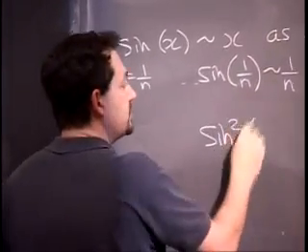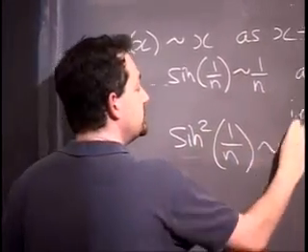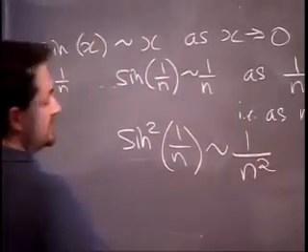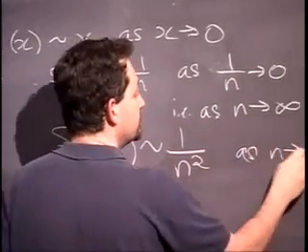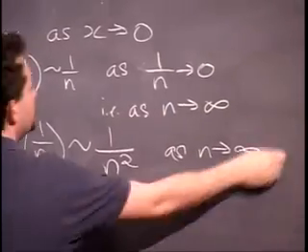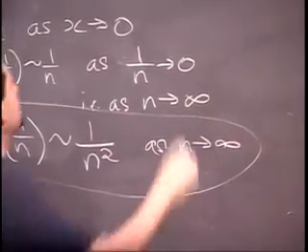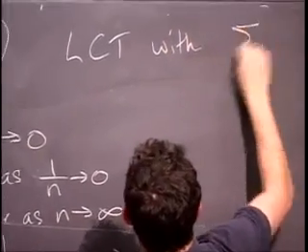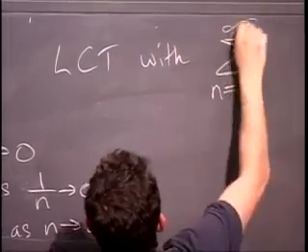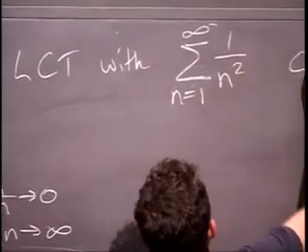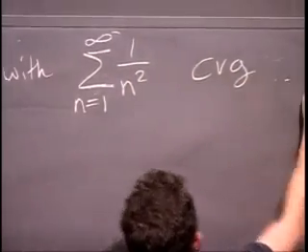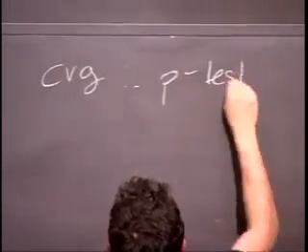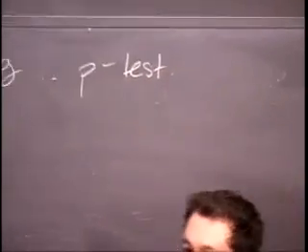Sine squared 1 over n twiddles 1 over n squared as n goes to infinity. So that is the crucial fact, and then you can use a limit comparison test with a much simpler sum. Again, it's 1 over n squared, which converges. P-test. I've left out a lot of details, and you have to fill them in and make a proper solution out of it.